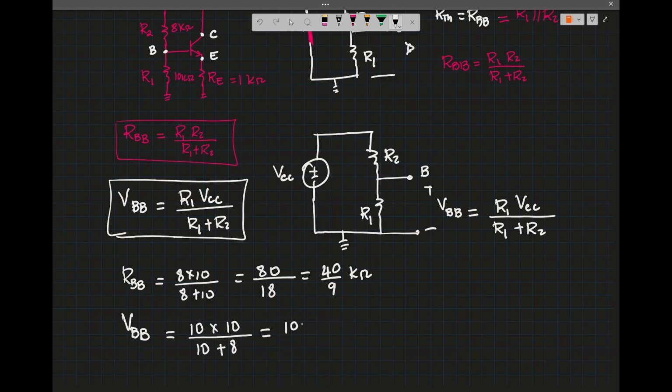So 100 over 18. That gives me 50 over 9.